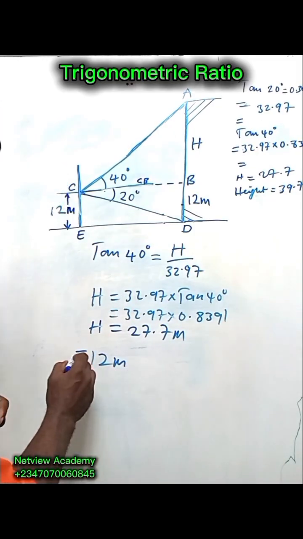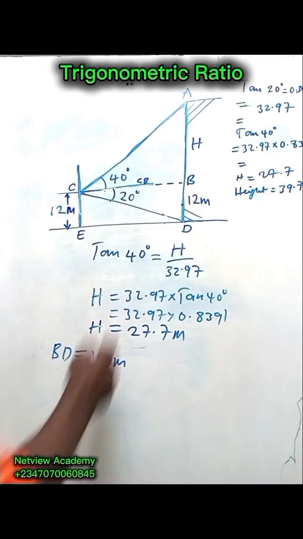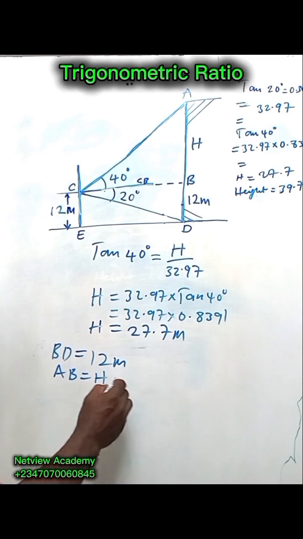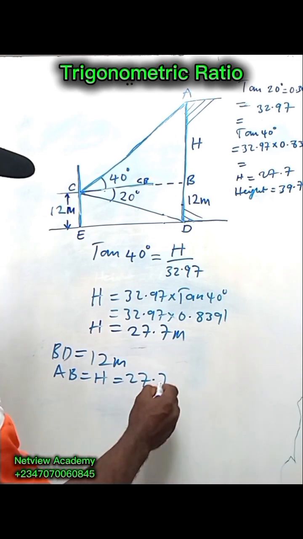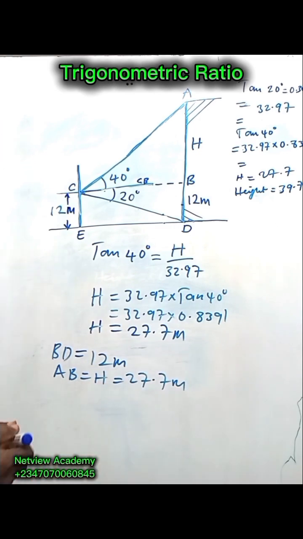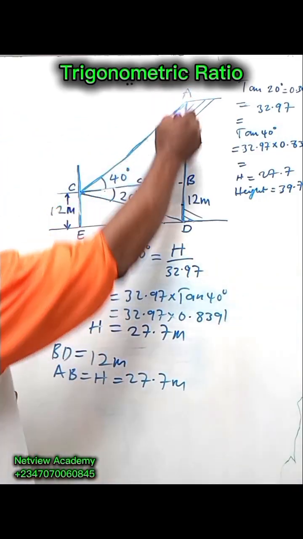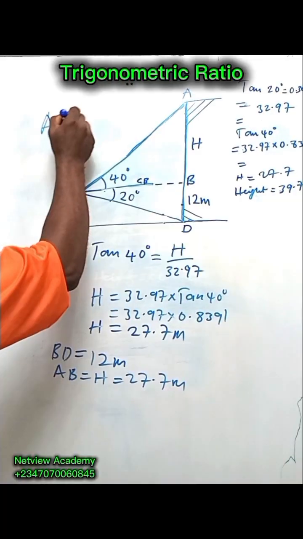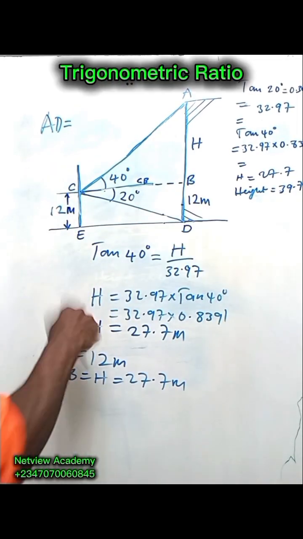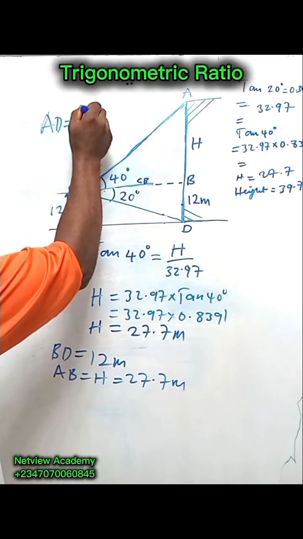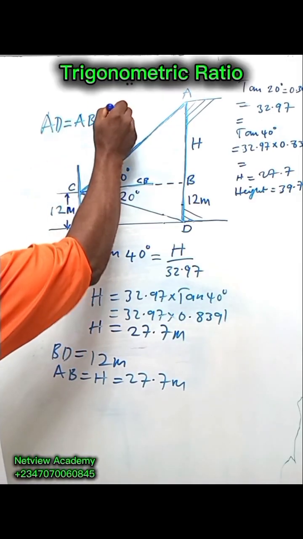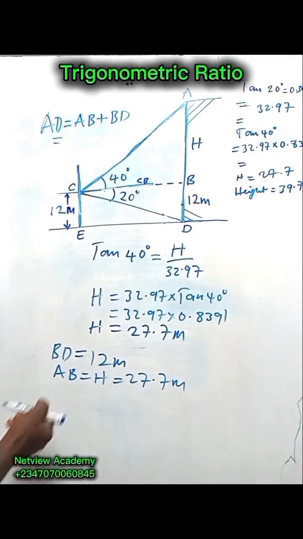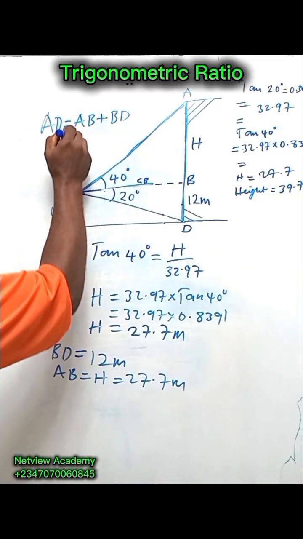We also have AB, which is equal to H, 27.7 meters.